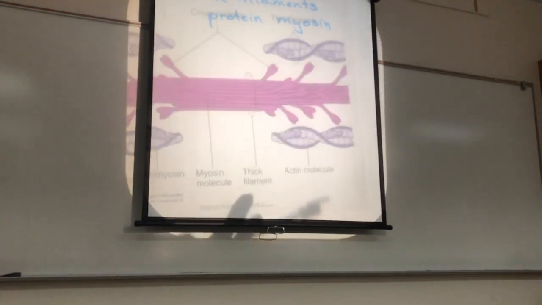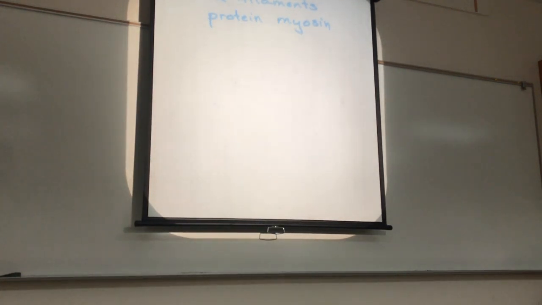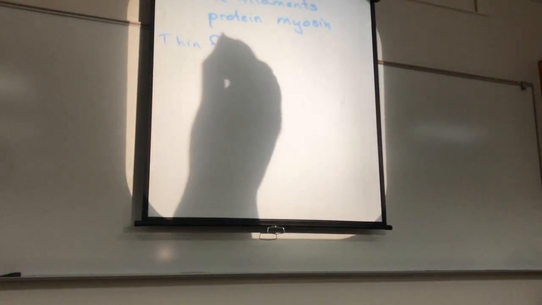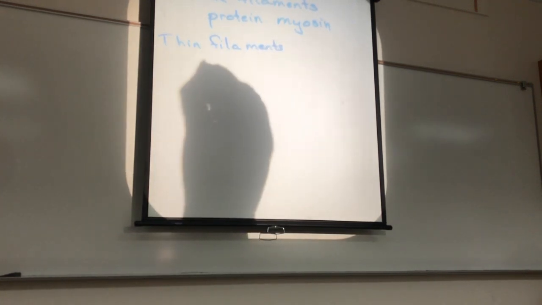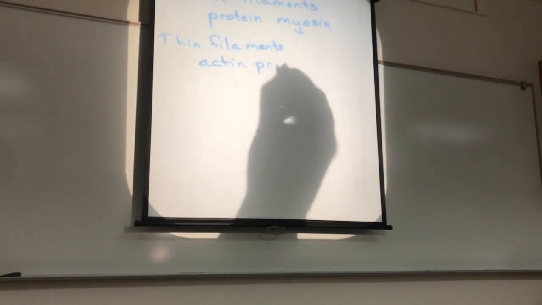The thin filaments have a more complicated arrangement of molecules. Most of the thin filaments are made of these rounded molecules, which are also proteins. Much of this is made out of individual actin protein molecules.